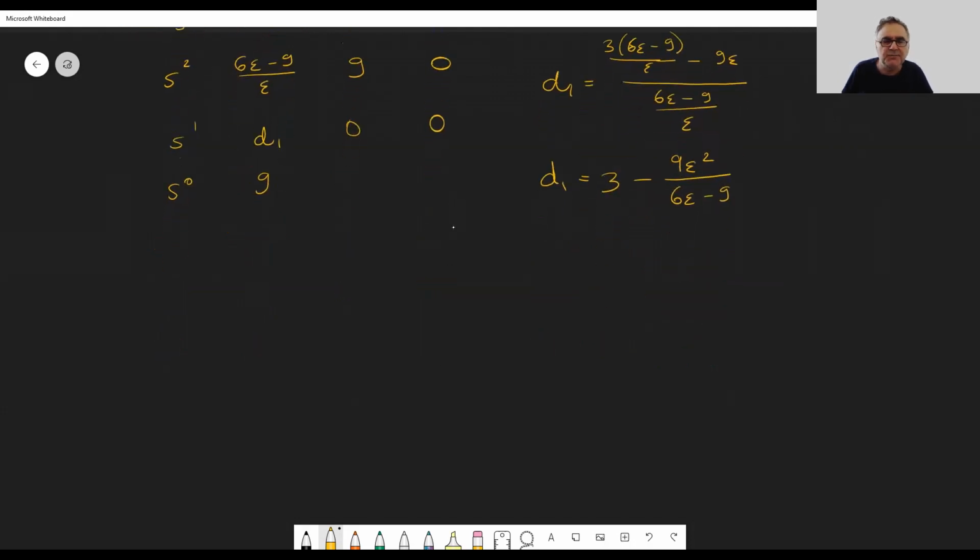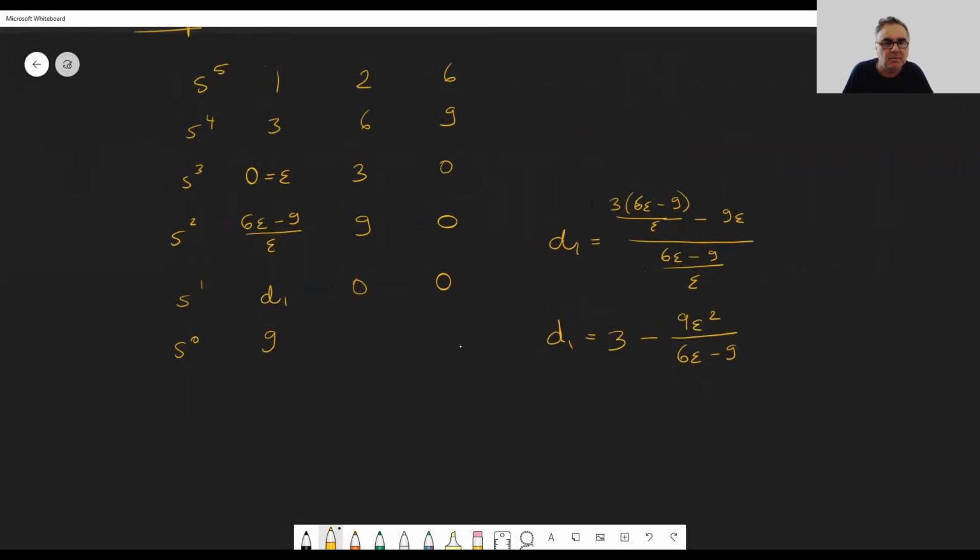So if you look at the first column now, it is as follows: 1, 3, 0. This is epsilon, but you replace it by 0. Then it is minus 9 over epsilon. Epsilon is 0, but if you put it here, it will be infinite.